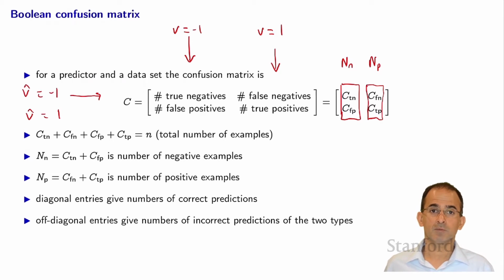What we'd like to see is large numbers on the diagonal, because the diagonals are measurements of the number of times in which we've made correct predictions, and small numbers in the off-diagonal, because the off-diagonal entries are incorrect predictions, and that's what they're counting. And they're counting separately the two different types of incorrect predictions, and the diagonals are counting separately the two different types of correct predictions.